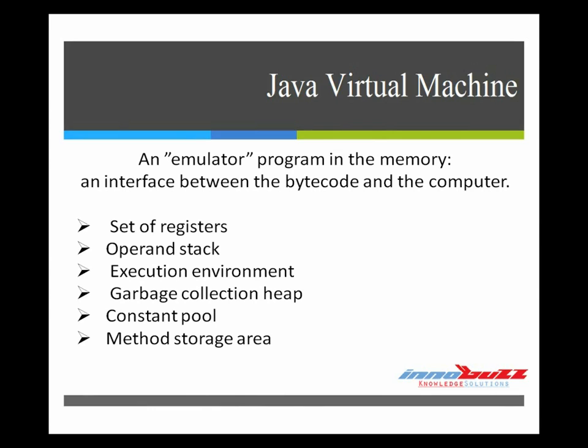The method storage area. This has the compiled bytecode presentation of the methods. And there is an instruction set that provides the instructions to be able to use all the previously mentioned components. The bytecode instructions that are used by the JVM are similar to assembler codes.